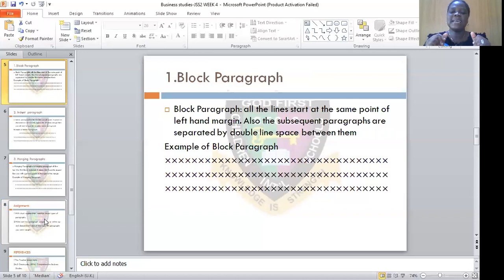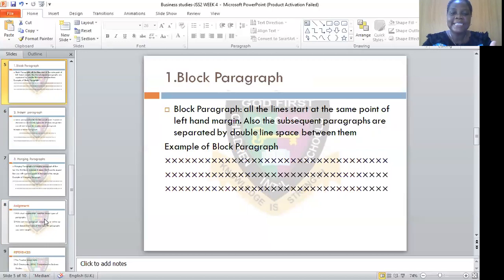Now, the letter you want to write using block paragraphs, all the lines start from the left margin. If you place your exercise book in front of you, the left margin is where your left hand is. Then you see a line that is ruled in your exercise notebook, a line ruled in red color.